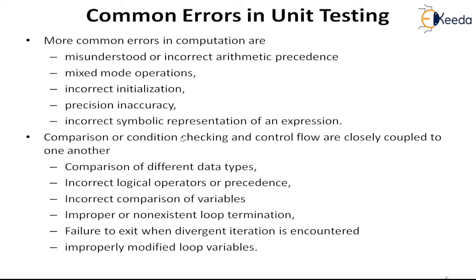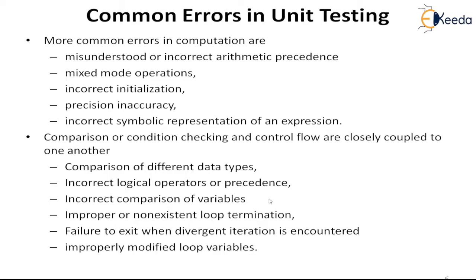Then comparison or condition checking and control flow are closely coupled with one another. So whenever there is a comparison condition, normally the control flow changes based on it. So comparison of different data types, that's a problem. Incorrect logical operator precedence and incorrect comparison of variables, improper or non-existent loop termination. So the loop is not getting terminated properly, so it gets into an indefinite loop.